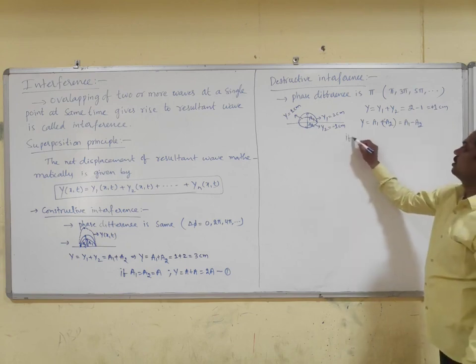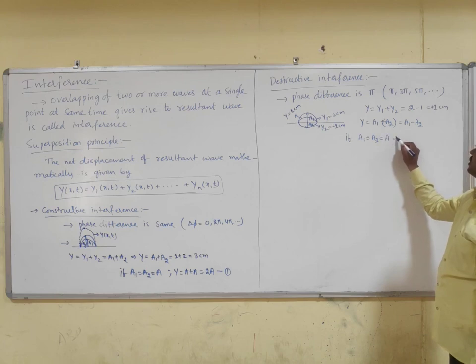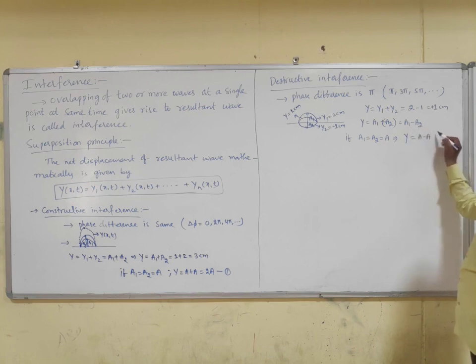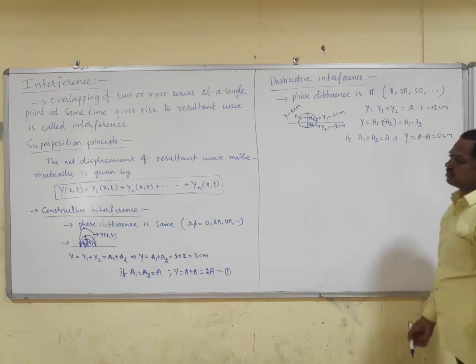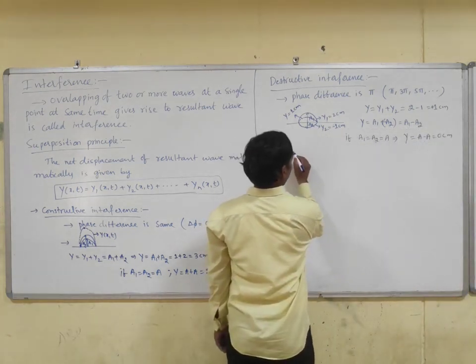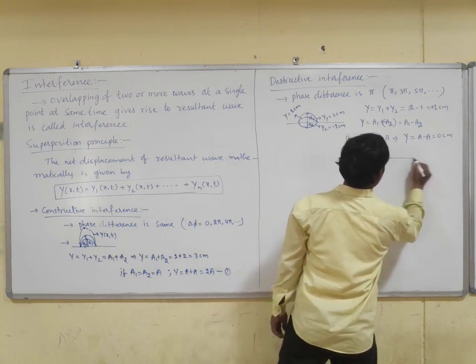If A1 is equal to A2 is equal to A, if all are equal, then y is equal to A minus A, which is 0 centimeter. So 0 centimeter means what? How will the waveform be? Let us look at the waveform.